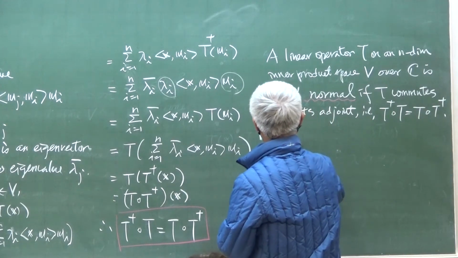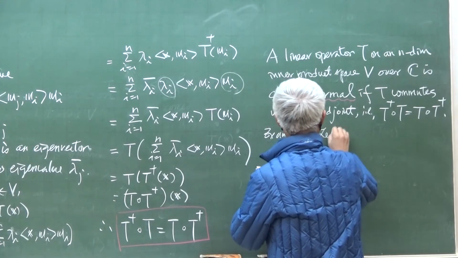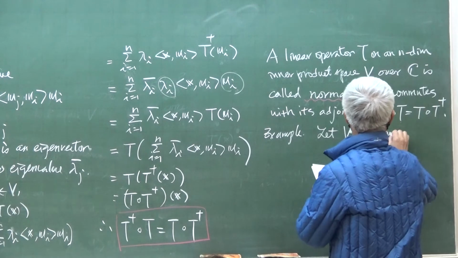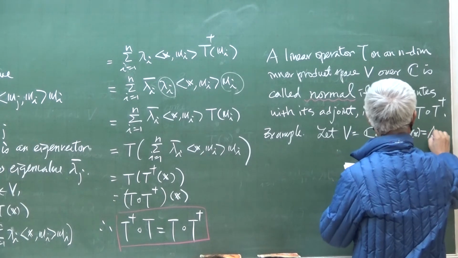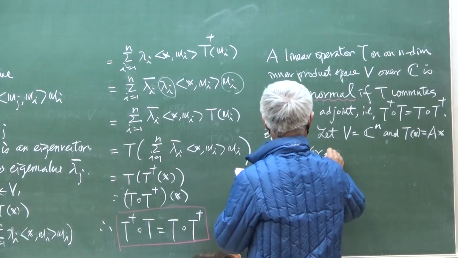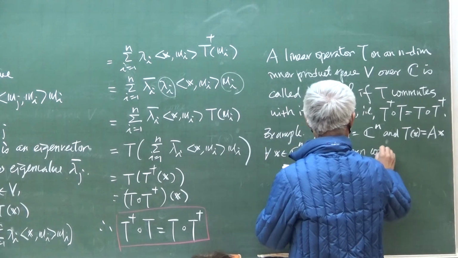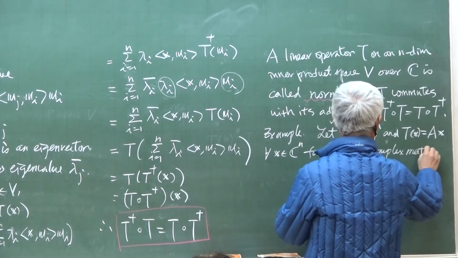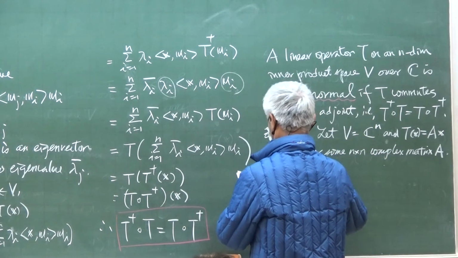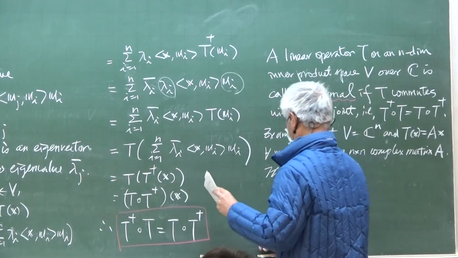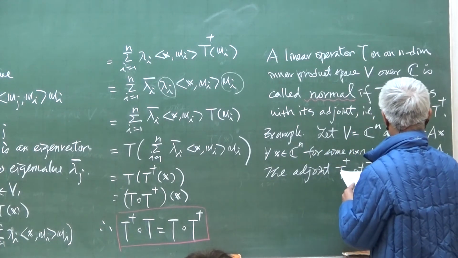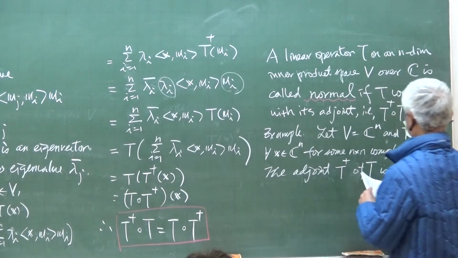Alright, so example. Let V be our n-dimensional complex Euclidean space, and Tx equals Ax for all x in C^n, for some n times n complex matrix A. Now the adjoint T star of T, T dagger x, is equal to A^H x, as we know, right?